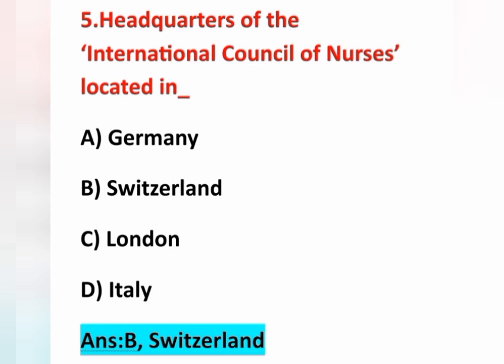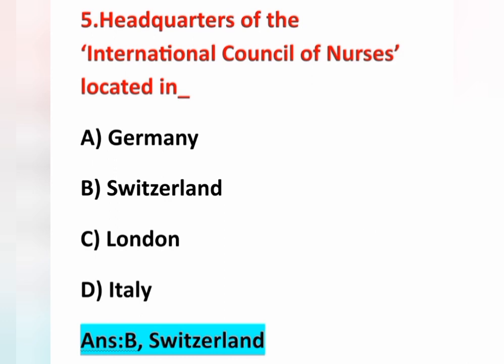Option B is the correct answer. The ICN was established in 1899. It is also an important question. ICN was established in 1899.